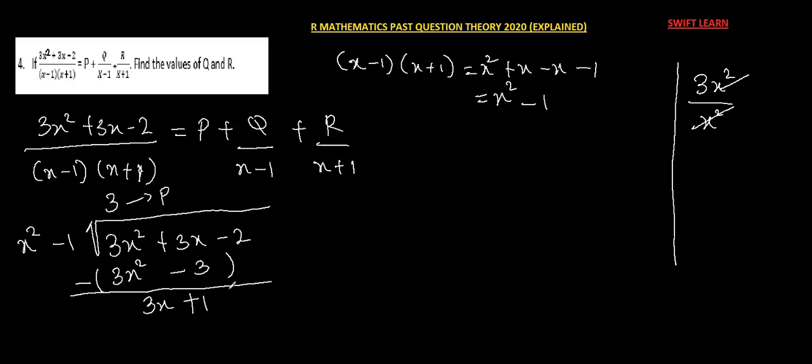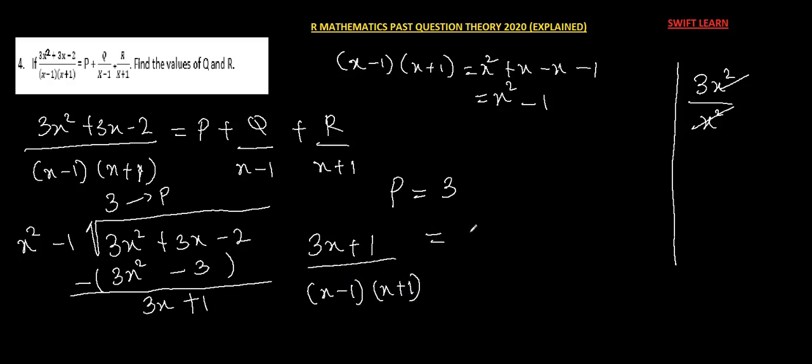So now this is your p, and this is the one you divide with. What I mean is that your p now is equal to 3, while you now solve for (3x plus 1) divided by (x minus 1)(x plus 1). So that will give you your q over x minus 1 plus r over x plus 1.